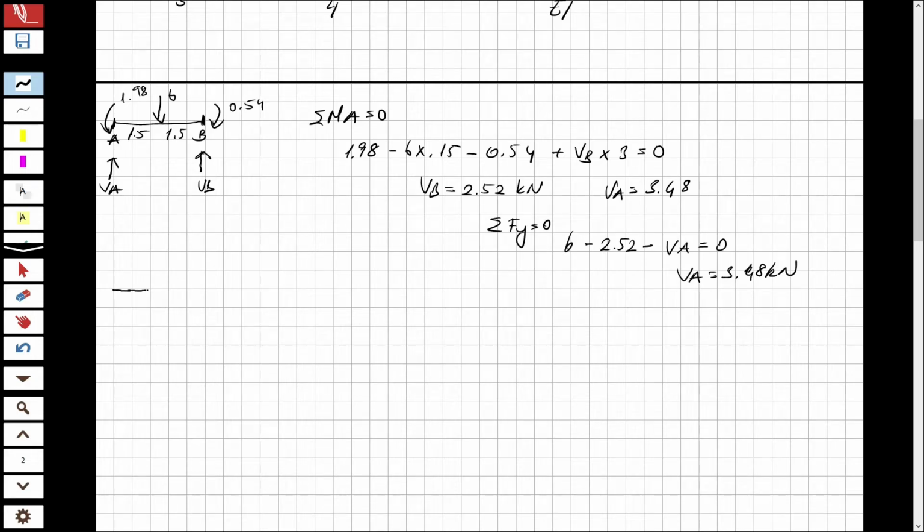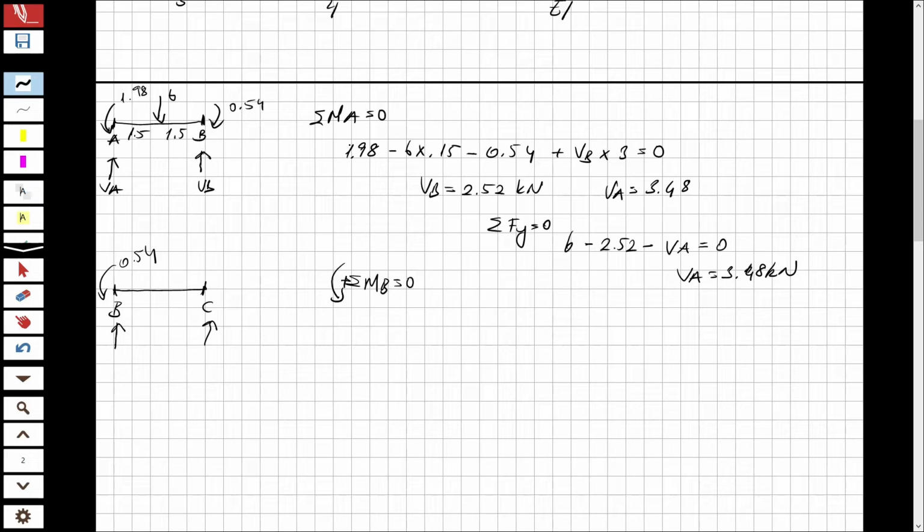So let's write it for the second member. For the second member, this is B and this is C. We have a VC here, we have a shear here. I have a moment 0.54 here, and the total moment at B is equal to 0.